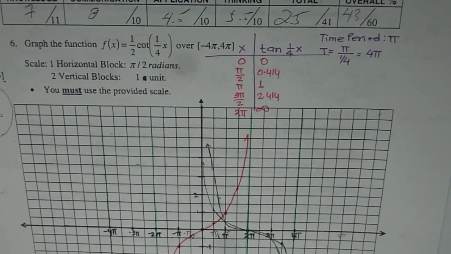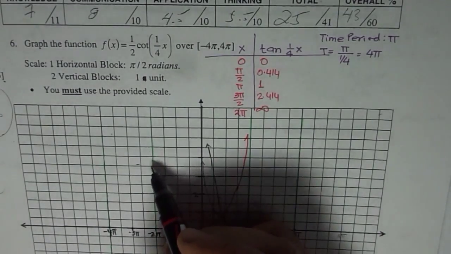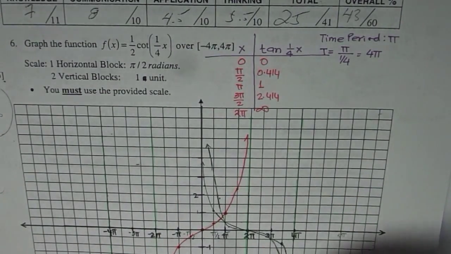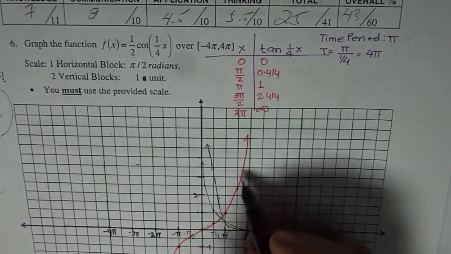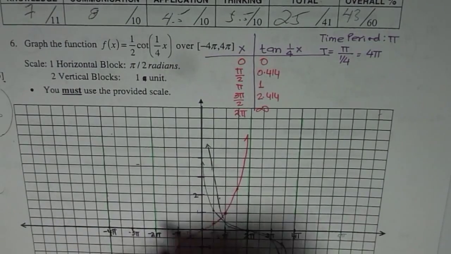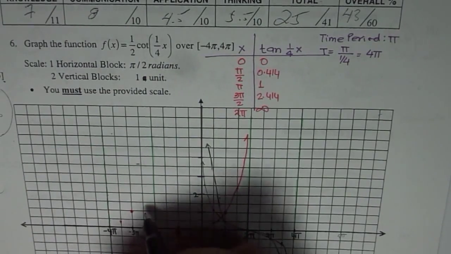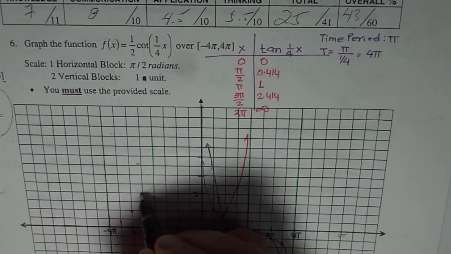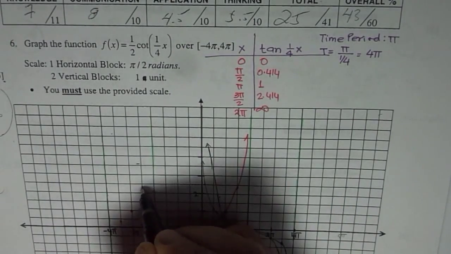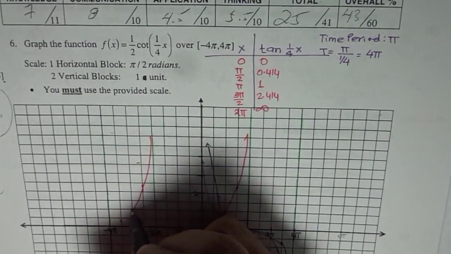Remember, we have to do from minus 4 pi to 4 pi. Now this part will be positive and this part is going to be negative since tan repeats. So this same pattern is going to repeat. At pi we have 1, so we can now write like this, and we kind of know our points, 2.4, so kind of like this. So here we get a graph which is kind of like this.